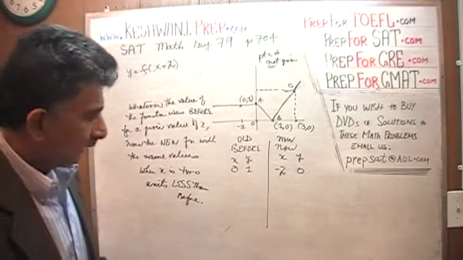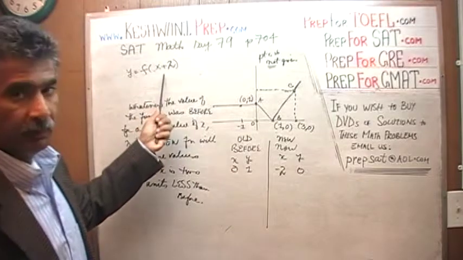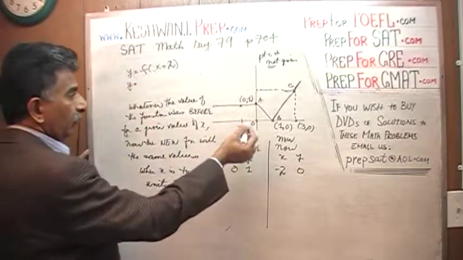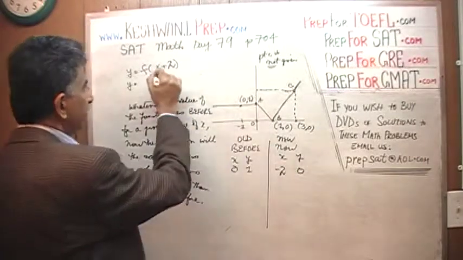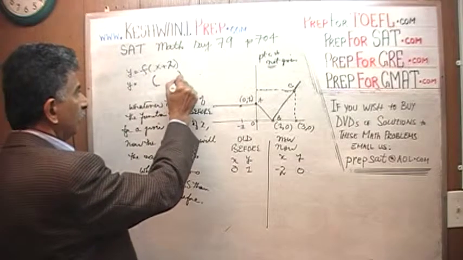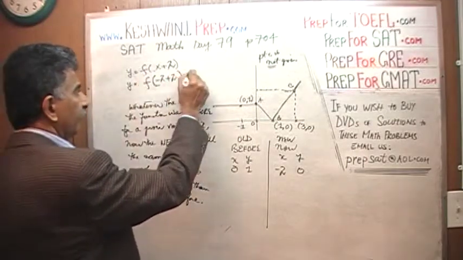Why does x have to be negative 2 for y to be 1? Because that's the only way we're going to make this equal. You see, y is equal to 1 in the old function when x is equal to 0. We have to make this quantity in the parentheses into 0. How do we make it equal to 0? When x is equal to negative 2. Negative 2 plus 2 will give us f of 0.